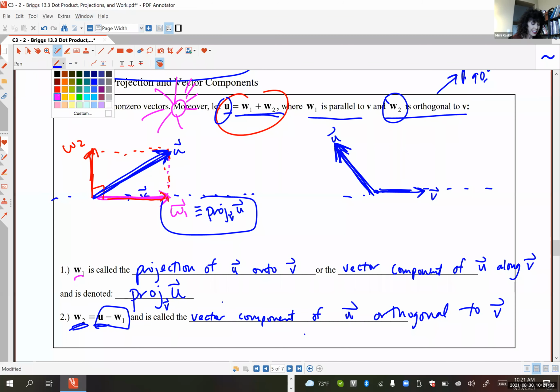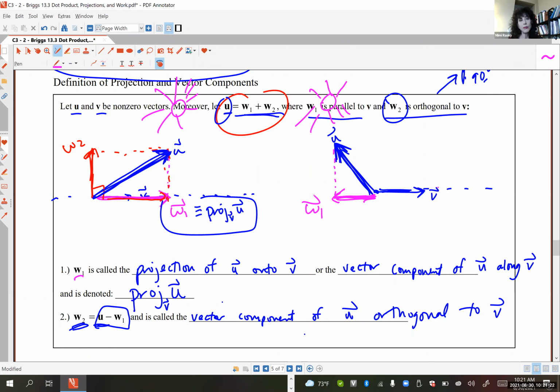Well, again, I like to imagine a really bright sun shining up here. And what would the shadow of U look like on the ground? So now the shadow of U will look like this. Well, it's pointing the opposite direction of V. This is our W1. I know, but it's still parallel to V, and that's all you care about.